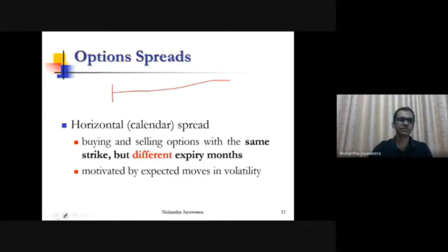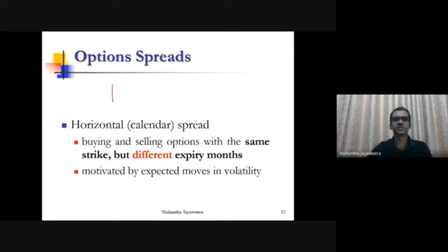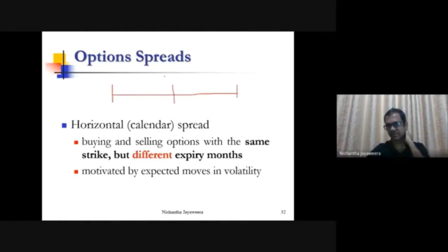Any two options with two different maturities, this is shorter maturity M1, this is long maturity M2.